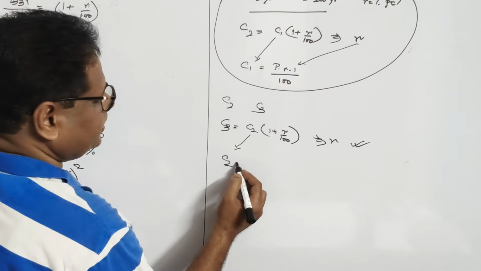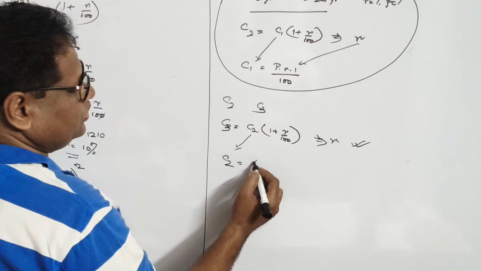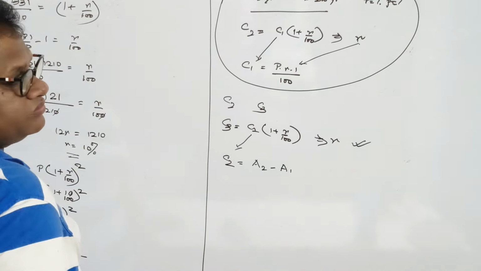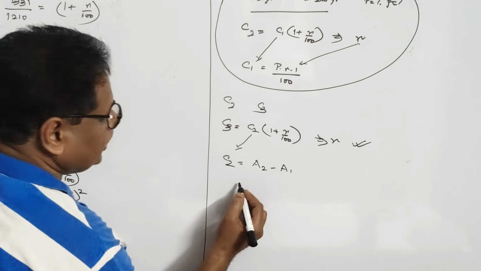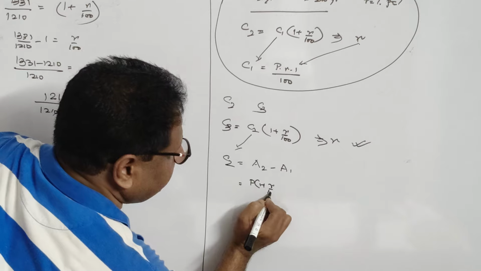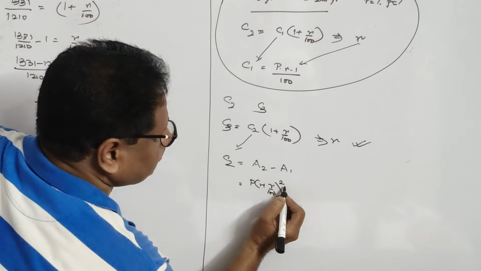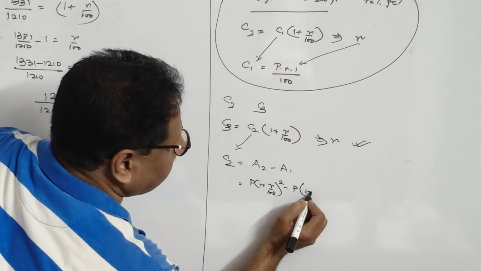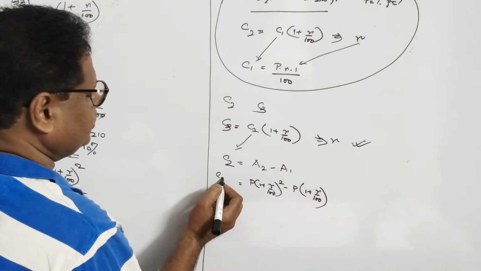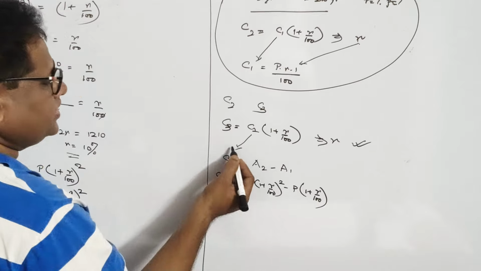And this expression, CI for second year equals amount for second year minus amount for the first year. Okay, now break up this: P(1 + R/100)^2 minus P(1 + R/100). Okay, so this comes to CI for the second year.